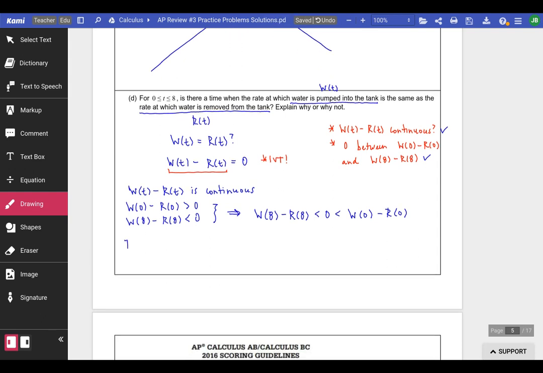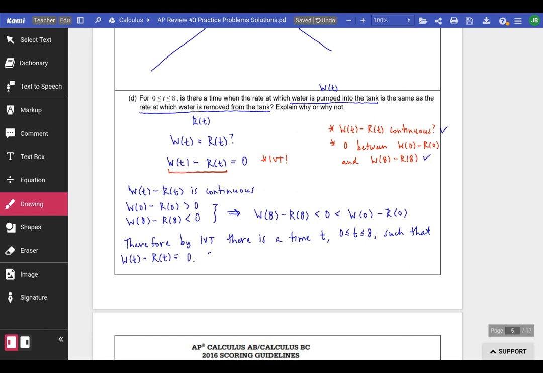So we can say, therefore, by IVT, there is a time t in this interval such that W of t minus R of t equals 0.